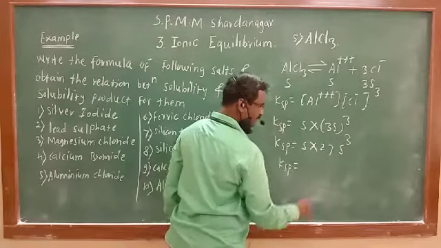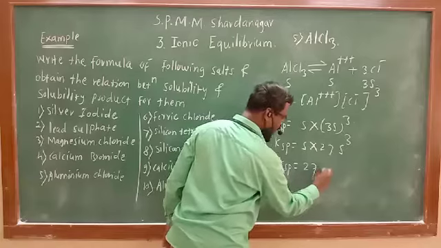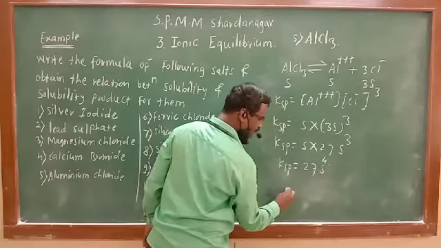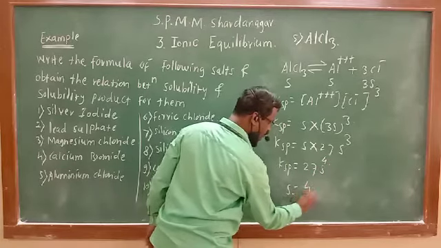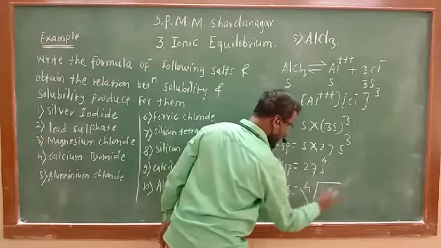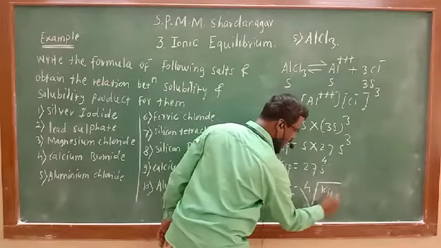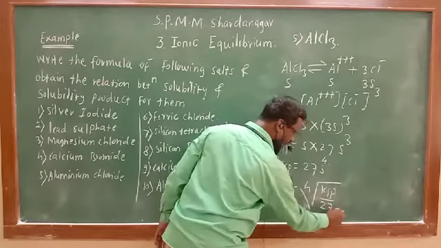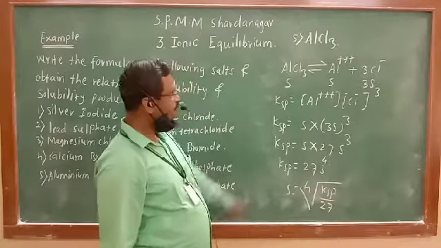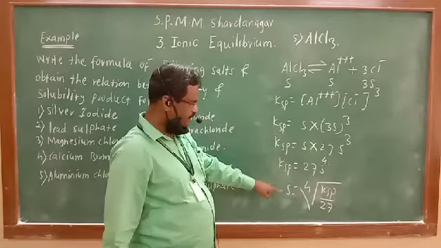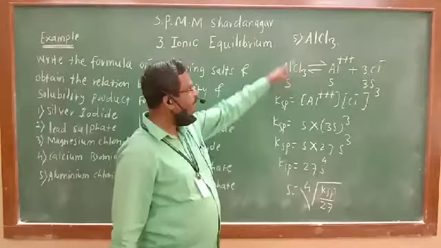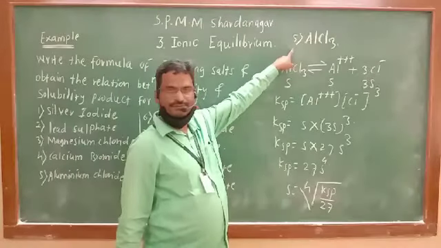Solving this, Ksp will be equal to 27s raised to 4, and finally s will be equal to the 4th root of Ksp upon 27. So this is the relation, how to obtain the relation for AlCl3 salt.